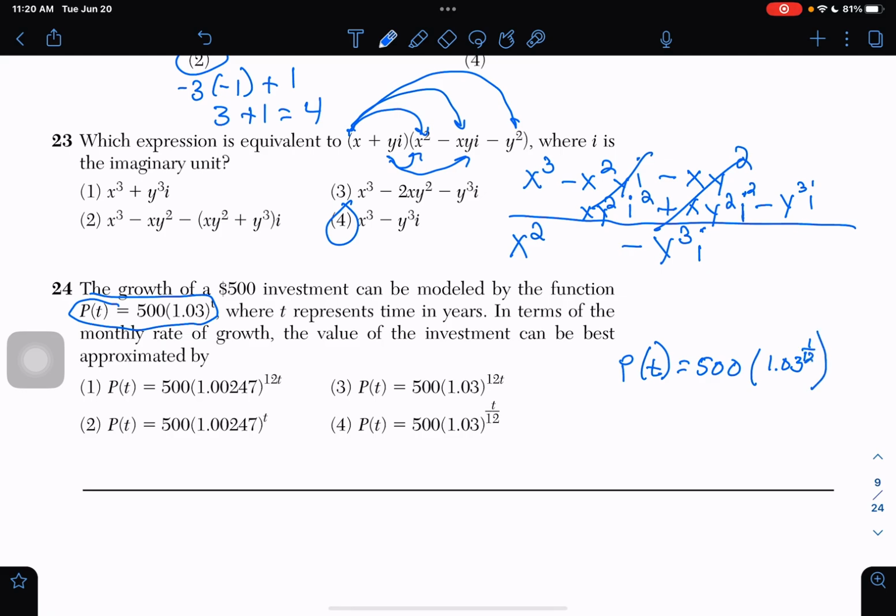We have to divide it into 12 parts. Then 12t up here. So this becomes 1.00247 times 500 raised to the 12t power, which is choice number 1.